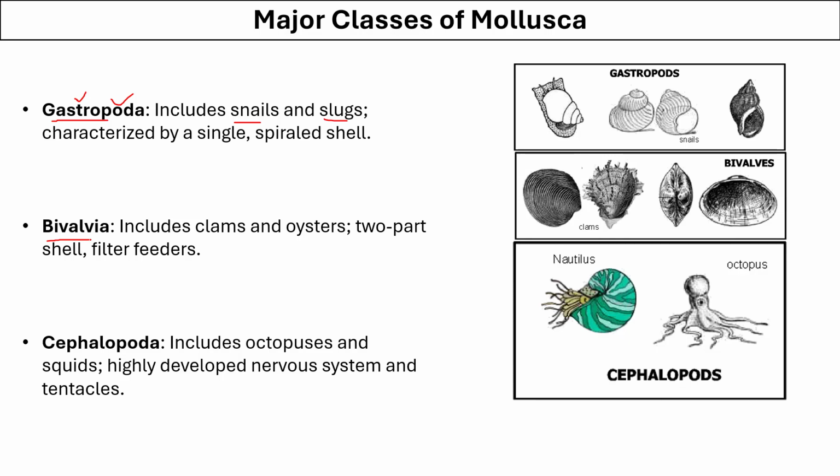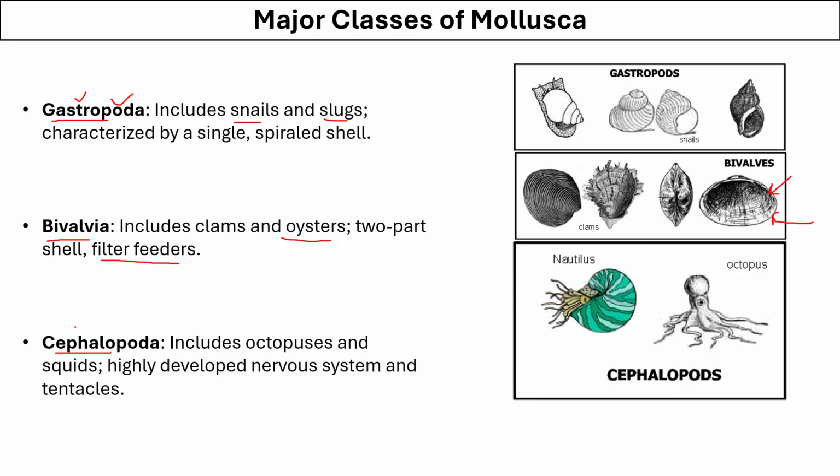That means they have a shell that can be split into two parts. You must have seen mussels that open in a two-part shell. You can also find this kind of shell in oysters, in which sometimes you find pearls, and they are filter feeders. They filter micronutrients from the water around them.